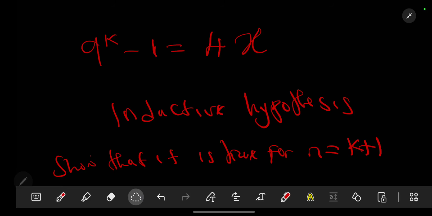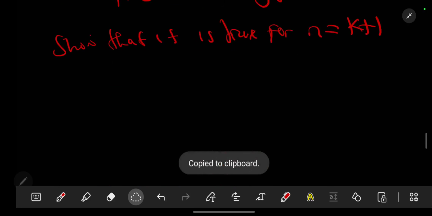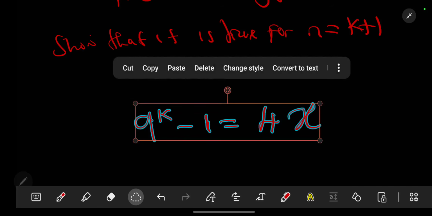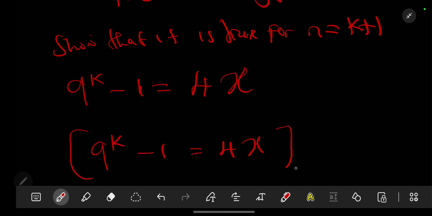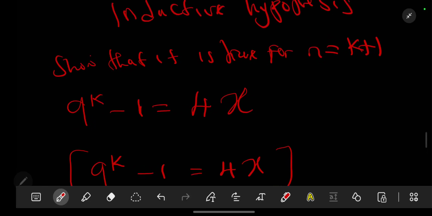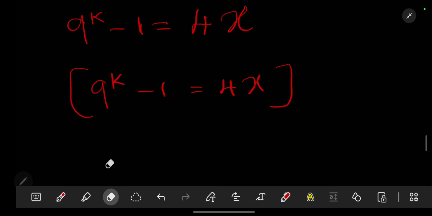We take this: 9 to the power k minus 1 is equal to 4x. So we are going to multiply by what? 9 is the one that is attached to the k. Before we multiply, let's take the 1 to the other side.